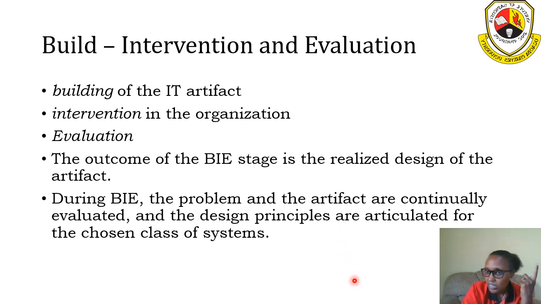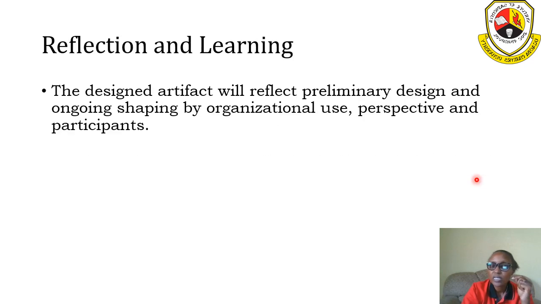Going back to design science, because design science is collecting data from evaluation, we go back to the drawing table. With the data we collect, we carry out what we call reflection and learning. The reflection and learning process is also part of the evaluation process.